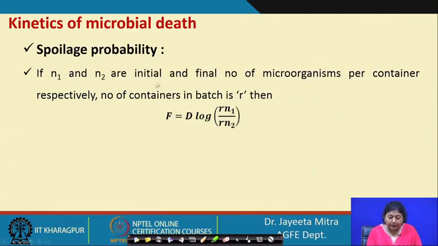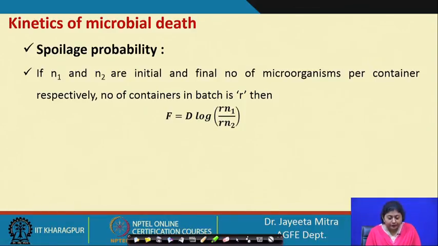N1 and N2 are the initial and final number of microorganisms per container, and the number of containers in the batch is R. So, R into N1, that is the initial microbial load, divided by R into N2, that is the final microbial load. Okay, so, we can write in this way.